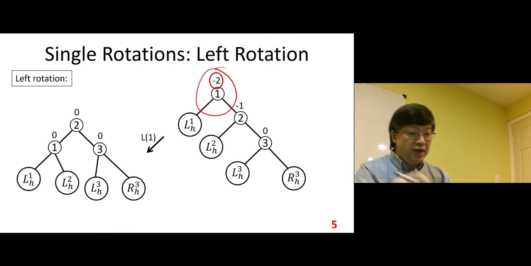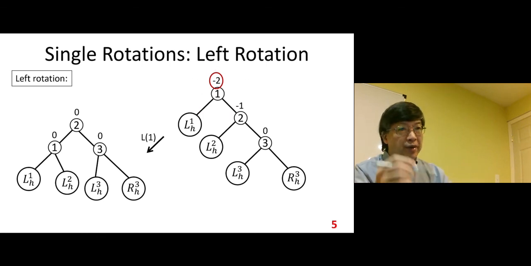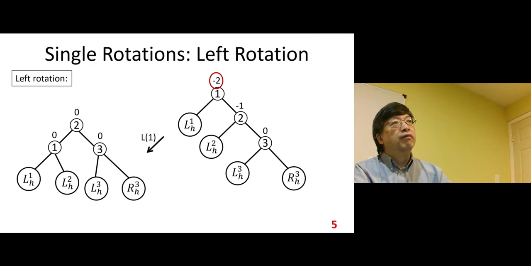So you can see in this way we can adjust the structure of a BST with violations of the AVL rule on certain nodes.